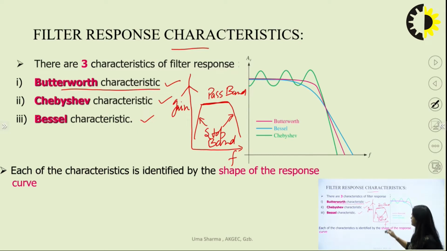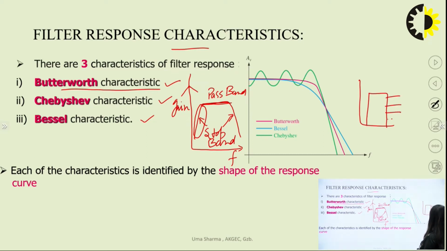In the pass band, we want the gain to be constant, and in the stop band, we want 100% rejection of the frequency, because the filter should be capable enough to reject all the frequencies other than the pass band. So ideally it should be like this. If we talk about the ideal response, there is no frequency selected by the filter in the stop band.